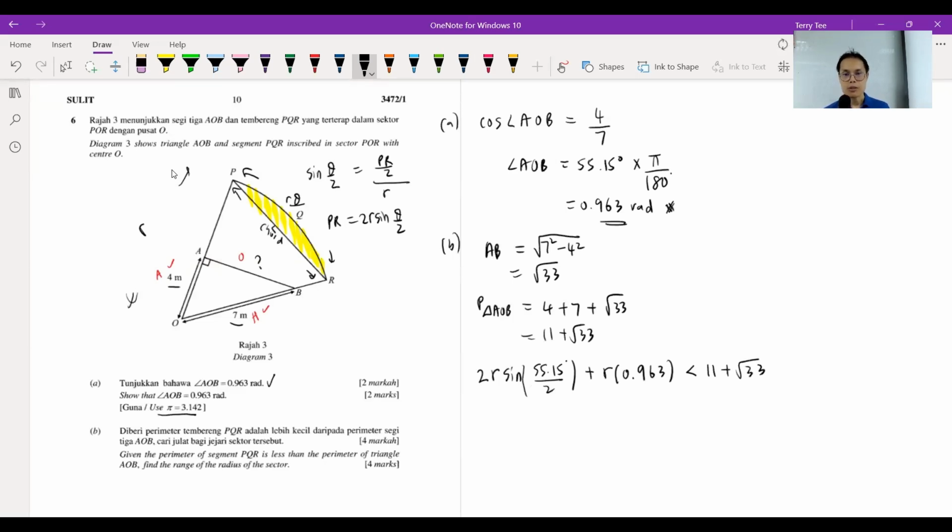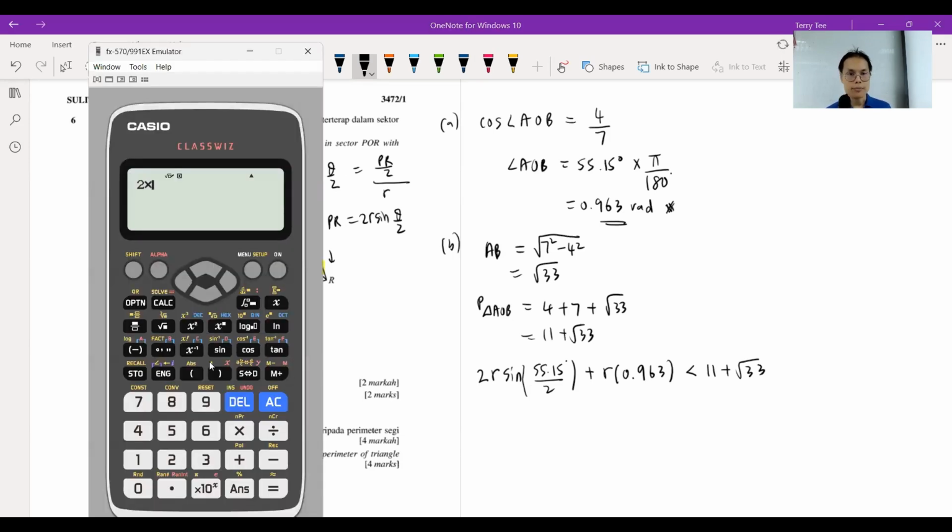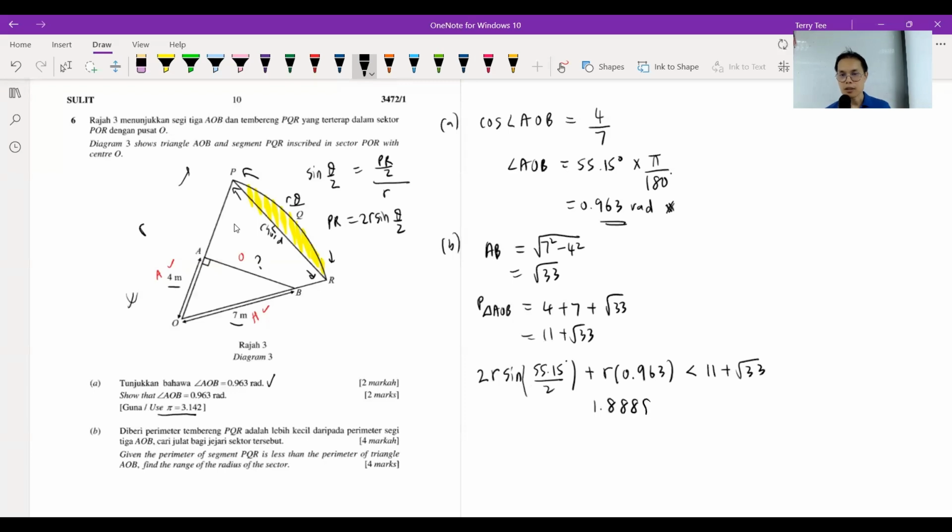Now for me, I will just type this out in my calculator. Like I say, use degree here, 2 times sine 55.15 divided by 2, right? Then you add 0.963. This is 1.8888. Wow, very nice number for Chinese. 1.8888 R less than 11 plus 33.